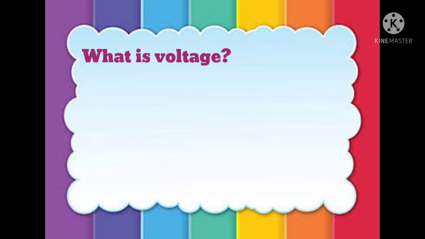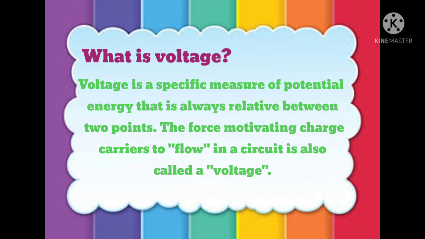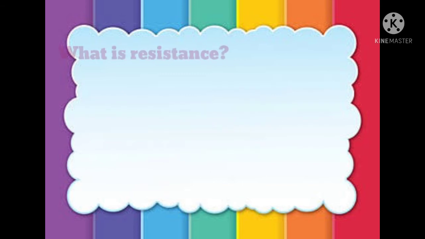What is voltage? Voltage is a specific measure of potential energy that is always relative between two points. The force motivating charge carriers to flow in a circuit is also called a voltage. What is resistance?